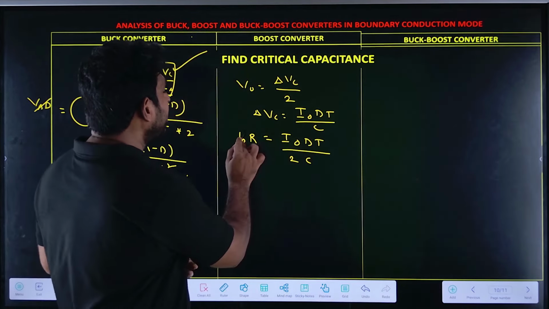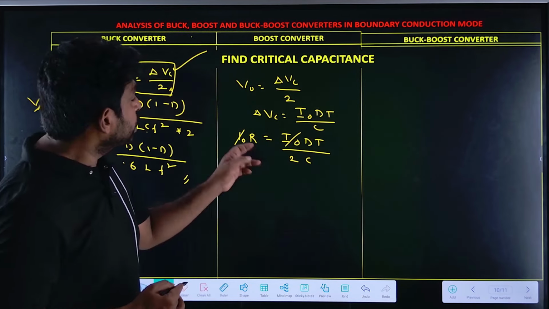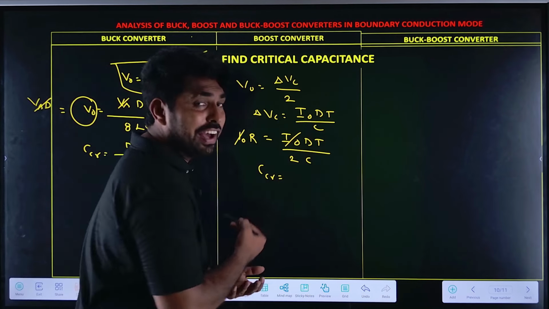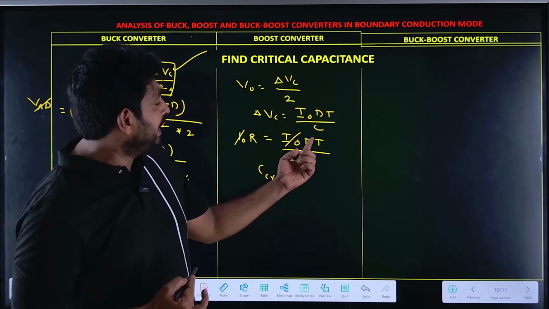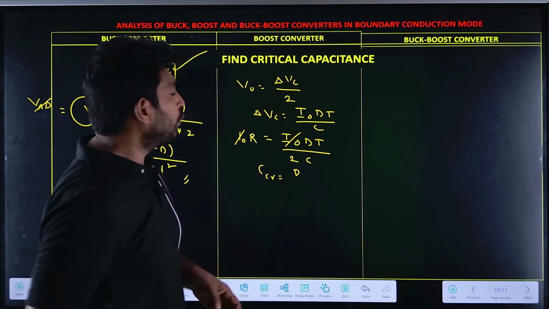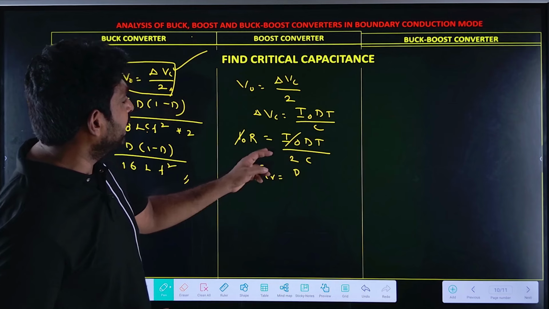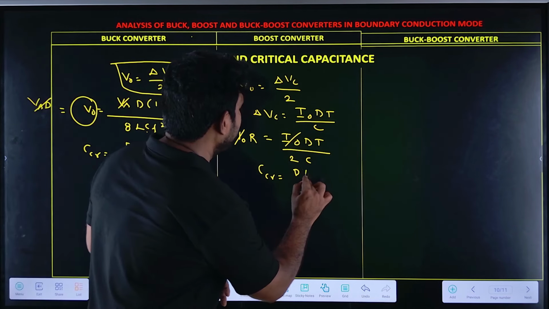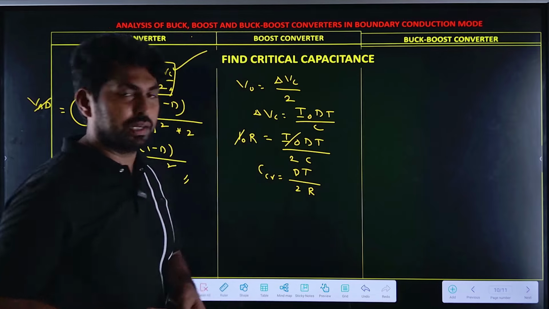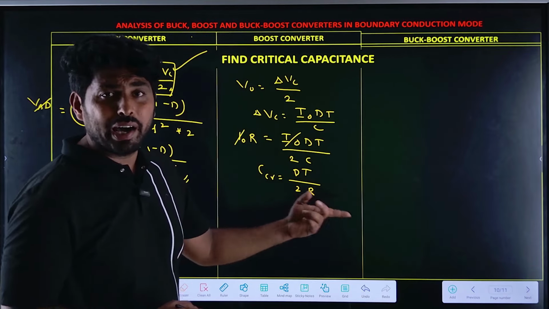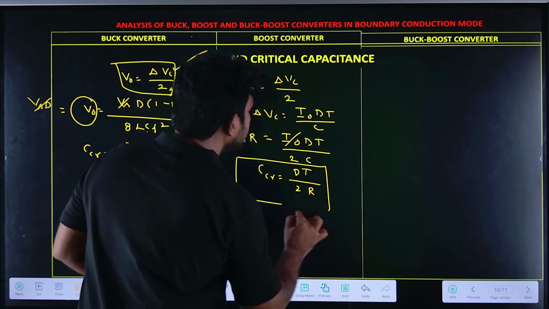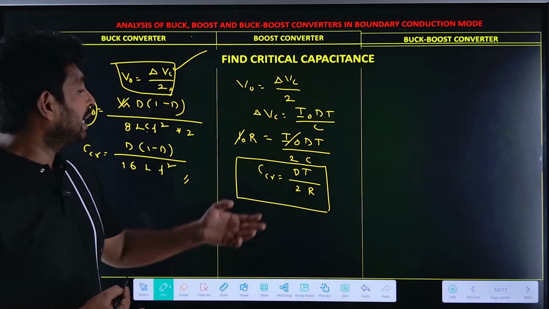I naught and I naught get cancelled out. So we have C critical, that is the critical value of the capacitance, equal to d into t divided by 2 into R, or else d by 2RF. This is how you can find the critical capacitance.